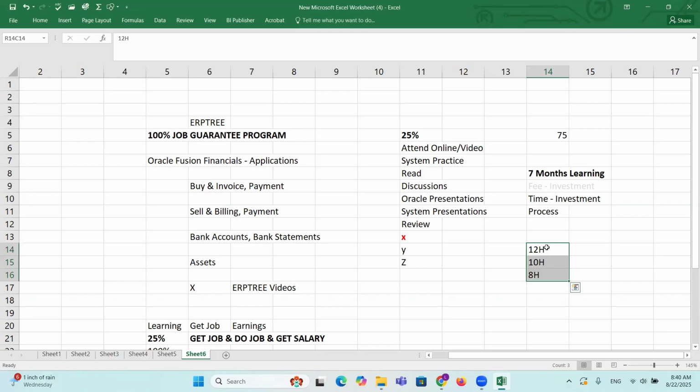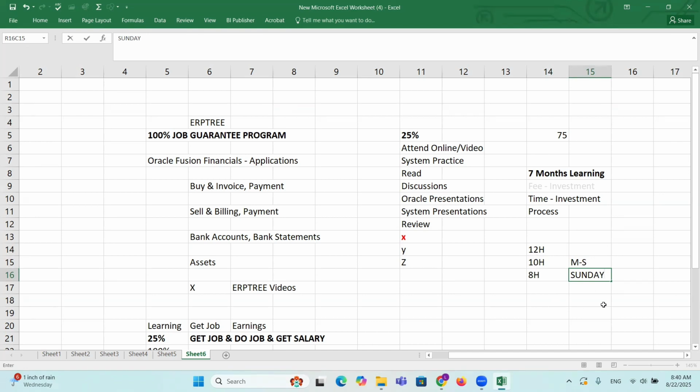Again, these 12, 10, 8 hours are mandatory Monday to Saturday. 6 days mandatory, and there is another beautiful day called Sunday. We strongly recommend you spend your time on Sunday also to learn this program.